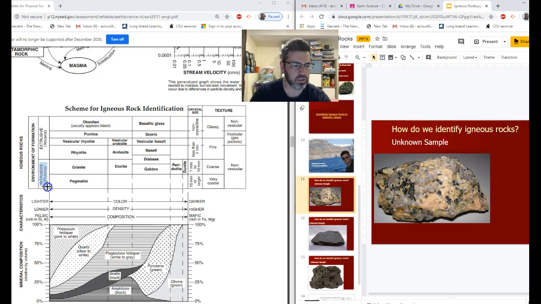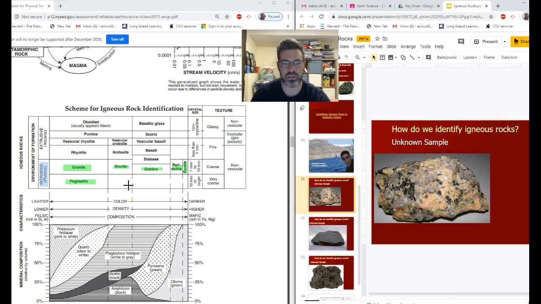Your choices are either intrusive or extrusive. Now, I've determined that it's a chocolate chip cookie and it's intrusive, so that's narrowed down my choices so much. This rock could potentially be granite, pegmatite, diorite, gabbro, peridotite, or dunite. Potentially any one of these.